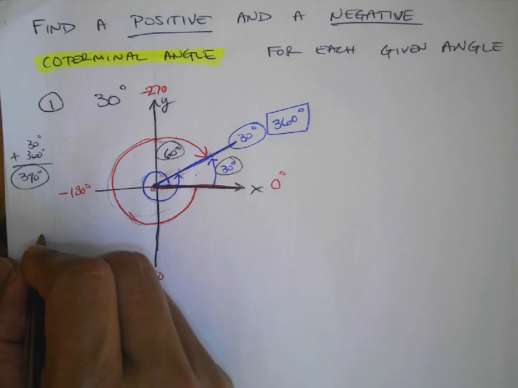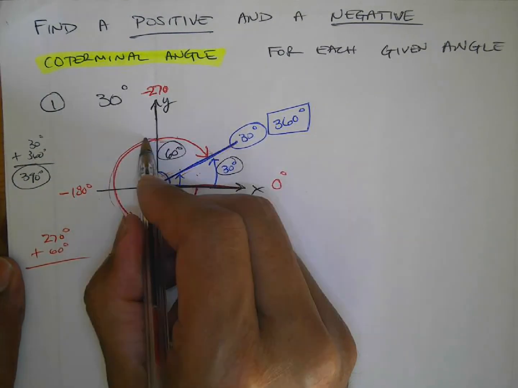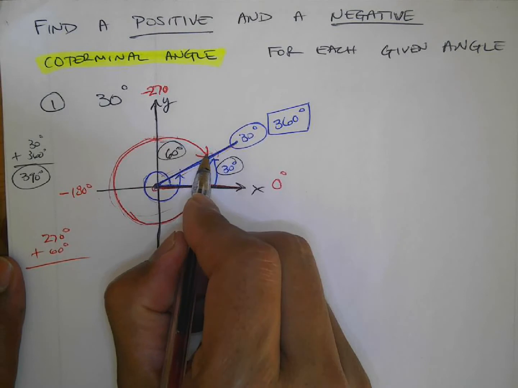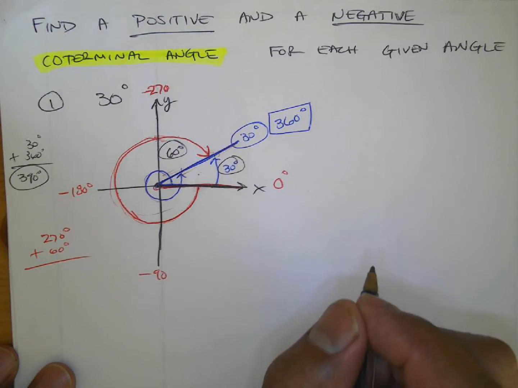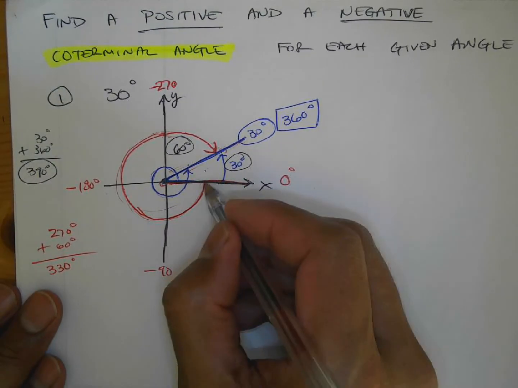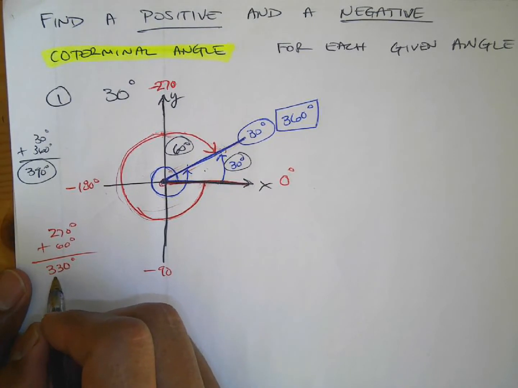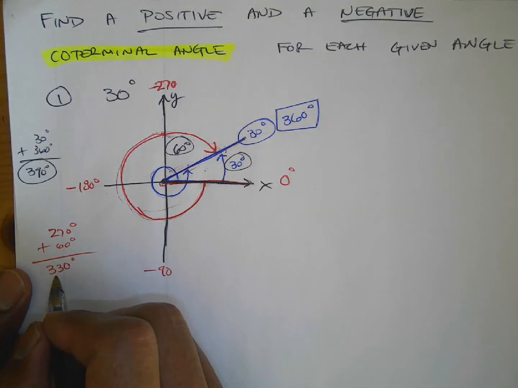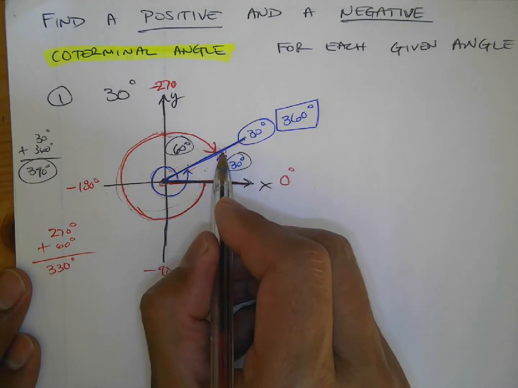So 270 plus 60 more will get me back to the same place. That's 330. But remember, we're going clockwise, doing a negative angle, so this is negative 330. So 30 degrees stops right there.